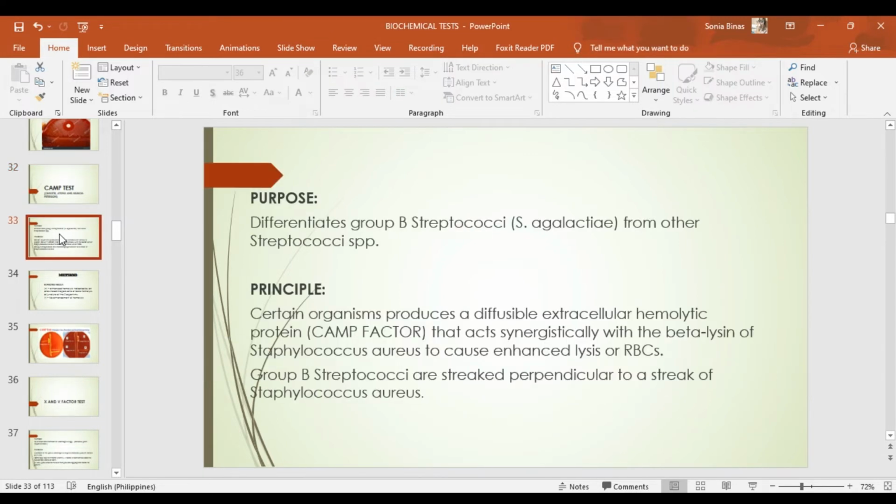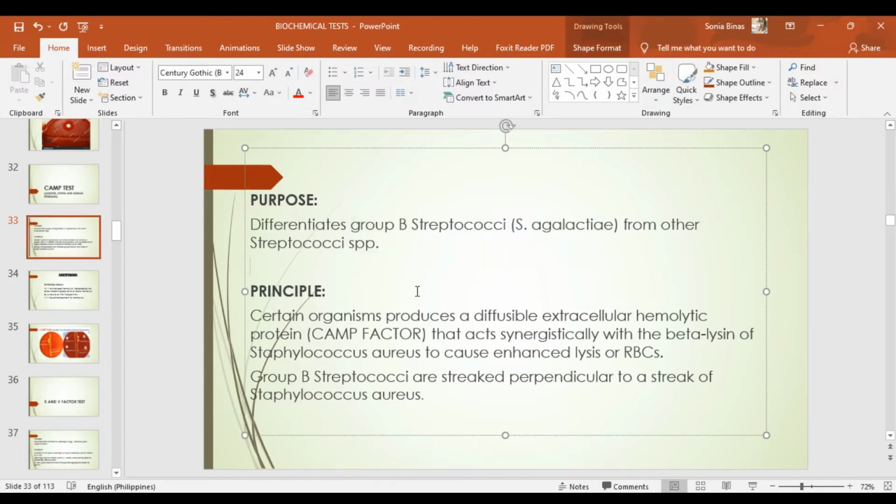So, it is used for differentiation of group B strep or our strep agalactiae from other streptococci species. So, certain organism produces a diffusible extracellular hemolytic protein or CAM factor that acts synergistically with the beta lysine of Staphylococcus aureus to cause enhanced lysis of RBCs.